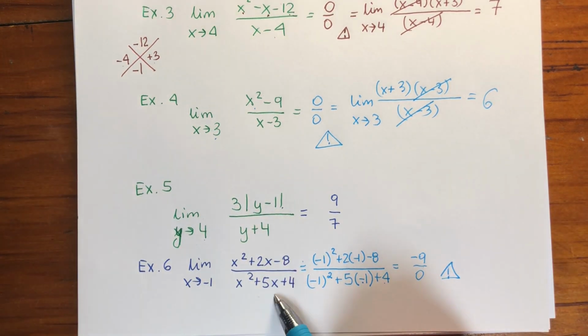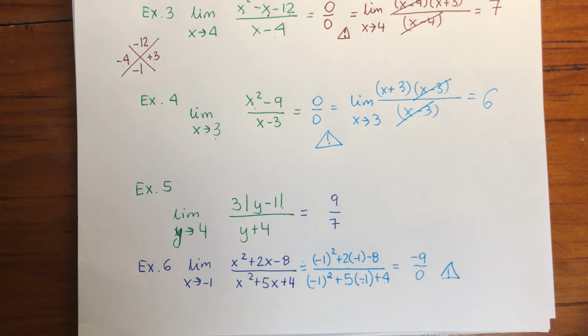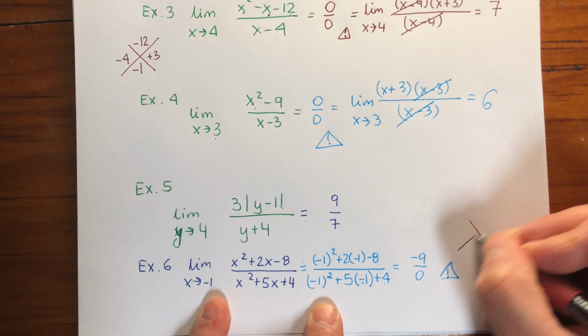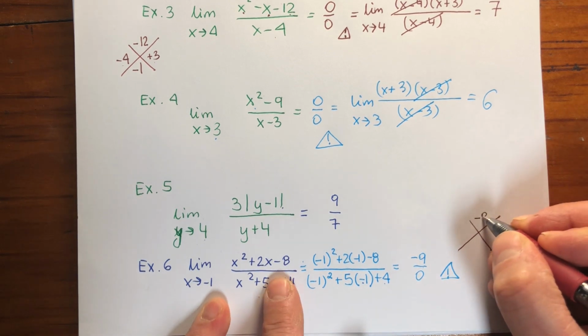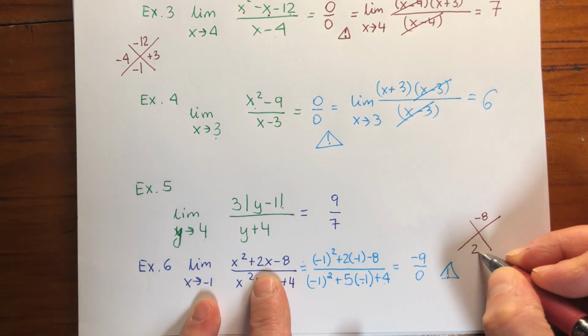Now, I do see that both of those expressions are quadratic, so I can hope that they will factor, and I can hope that the factor that is giving me a problem is going to cancel out, and then I will be able to find the limit. All right, let's see. Let's find two numbers that multiply to negative 8 and add up to positive 2.